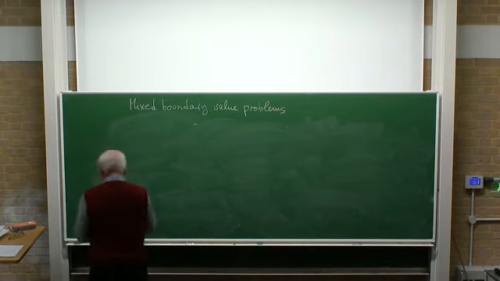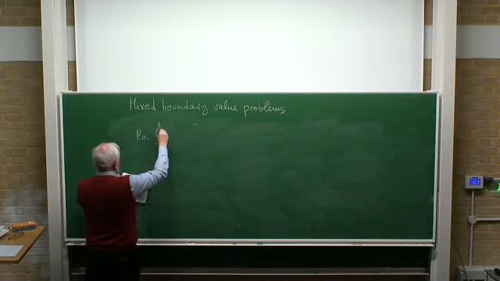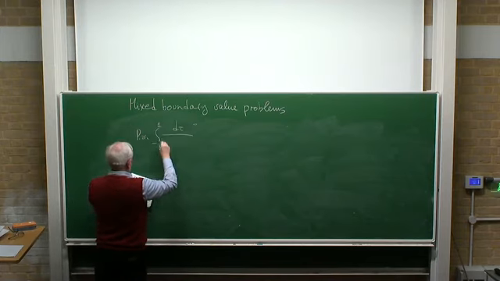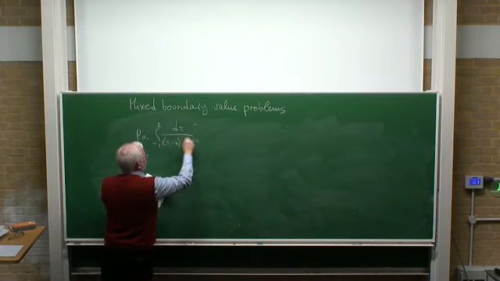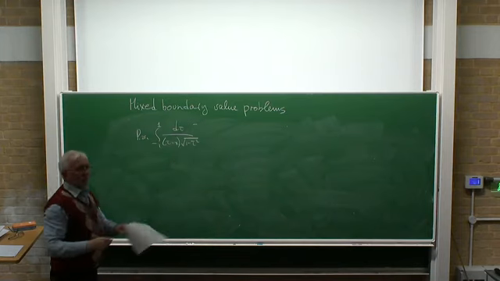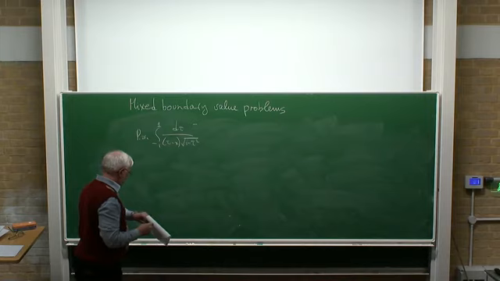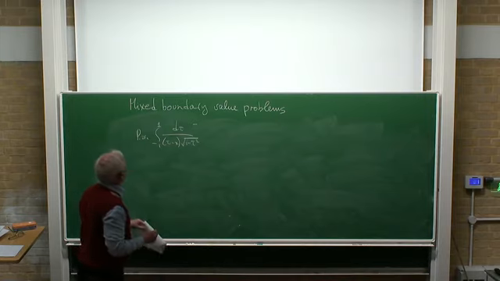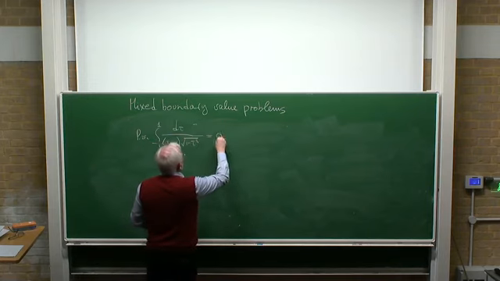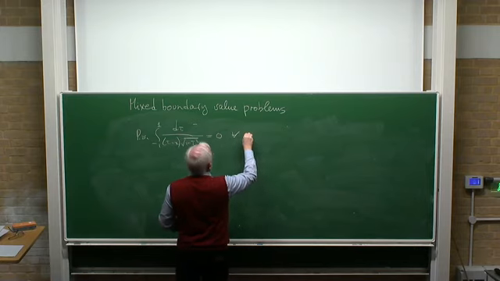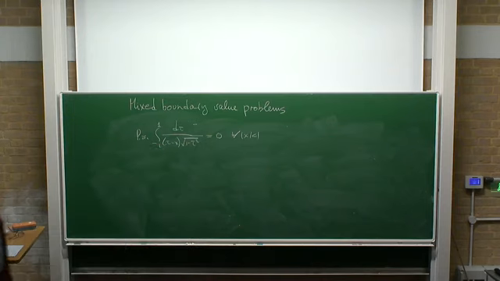The principal value integral from minus 1 to 1 of d tau over (tau minus x) times the square root of (1 minus tau squared) is equal to 0 for any x less than 1. Just 0.